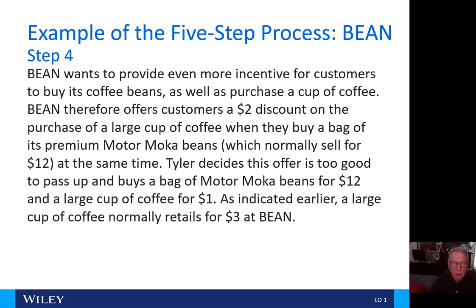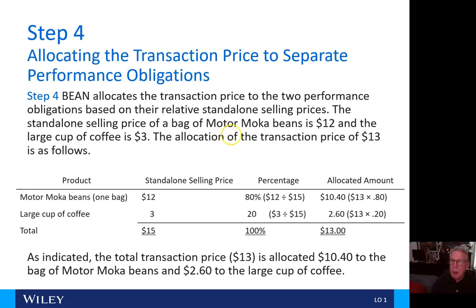Tyler decides this offer is too good to pass up and buys a bag of mocha beans for $12 and a large cup of coffee for $1. As indicated earlier, a large cup of coffee normally retails for $3 at Bean.